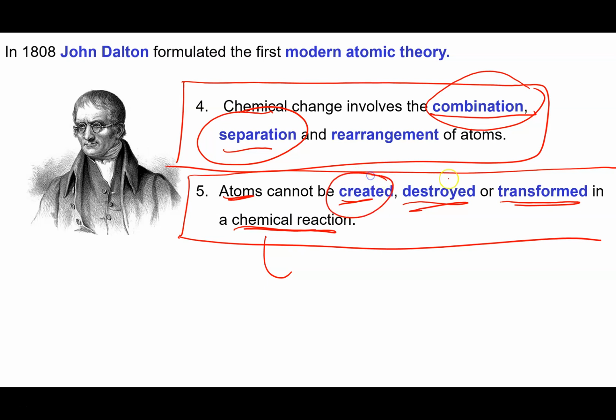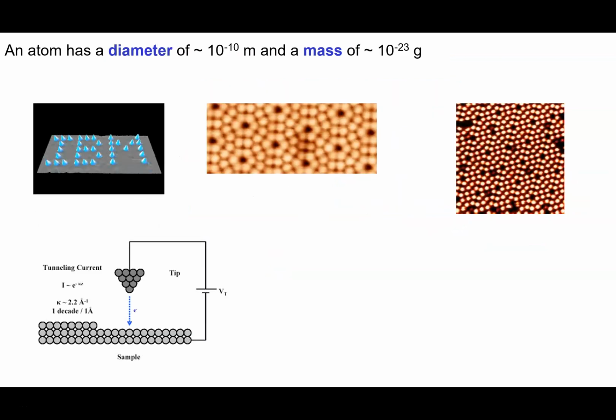So you're stuck with what you've got as far as the types of atoms that are present. You can't get extra atoms out of nothing, you can't make an atom disappear into nothing, and you can't convert one atom into another kind of atom. You can't turn a nitrogen atom into a sulfur atom. You can't turn a sulfur atom into a carbon atom. It's impossible. You're stuck with the collection of building blocks that you start with.